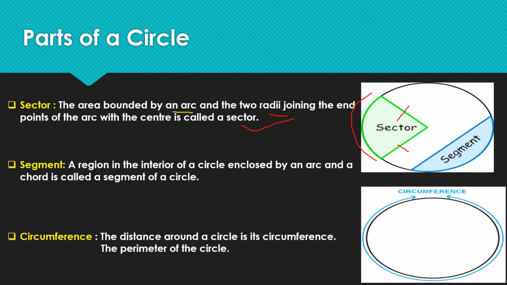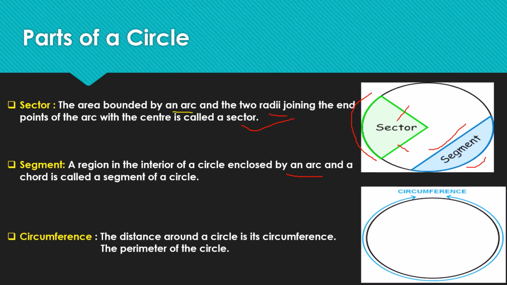Next is segment, a region in the interior, enclosed by an arc and a line segment. Got it? A segment is bounded by an arc and a line segment, and a sector is bounded by an arc and two radii.